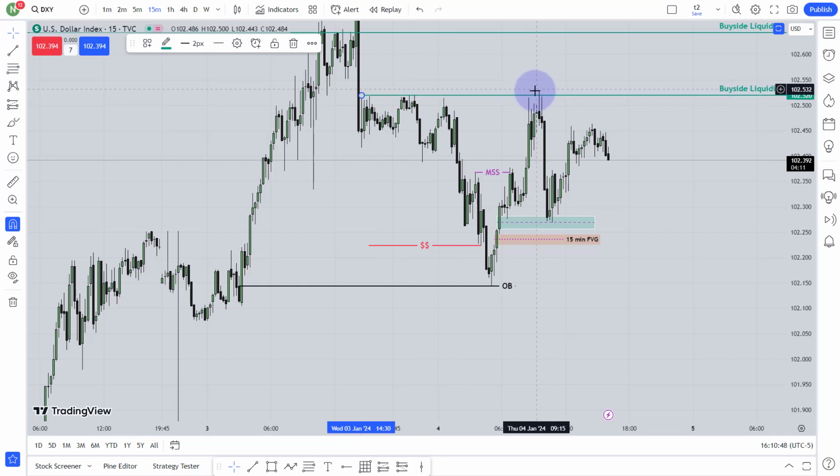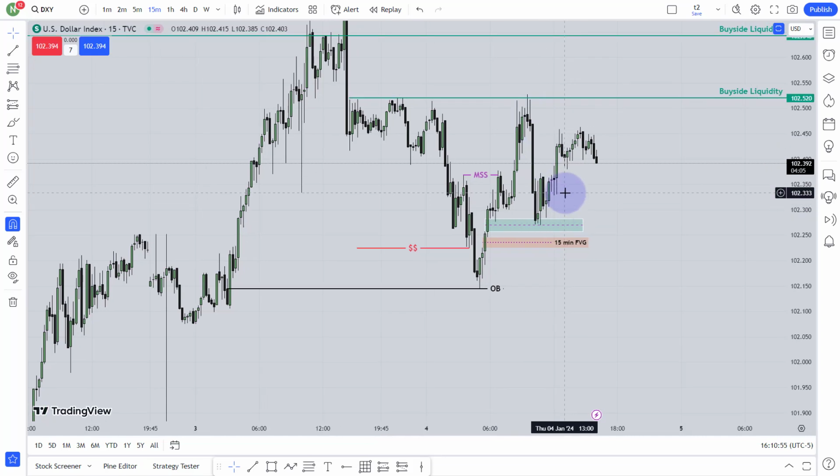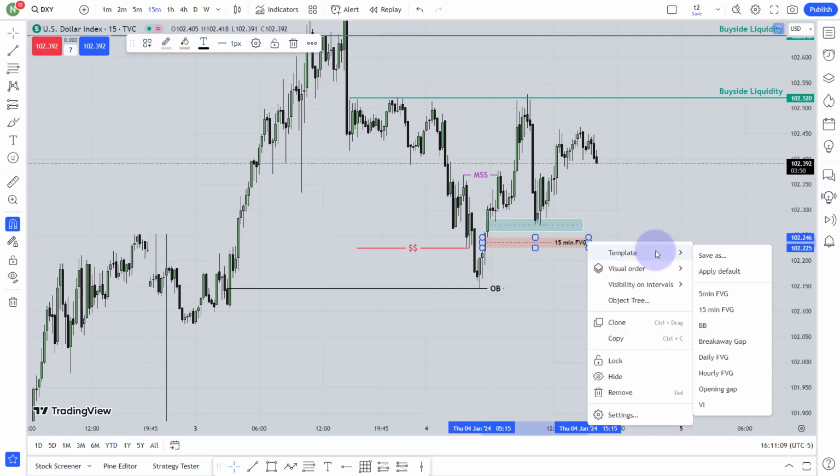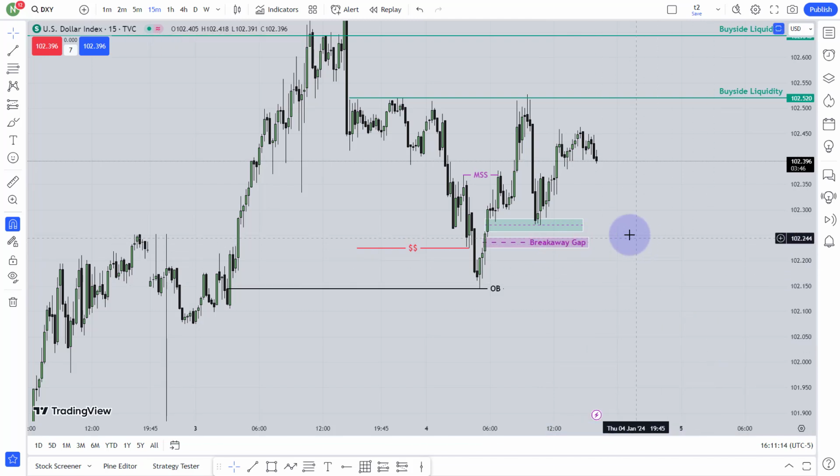So it has taken those buy side liquidity and that is the shallow run. When it has taken the buy side liquidity, it expanded lower, and I have shown you how I took a buy for the Euro USD, expecting that the market will come to this parallel gap, especially this parallel gap. But if it is extreme, then it will come over here because this is the breakaway gap. Let me mark it as the breakaway gap. But price didn't go to the breakaway gap.